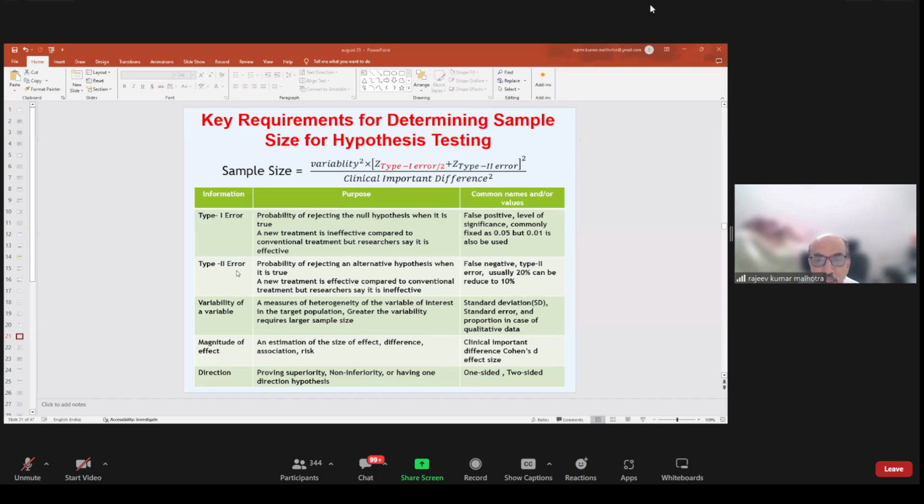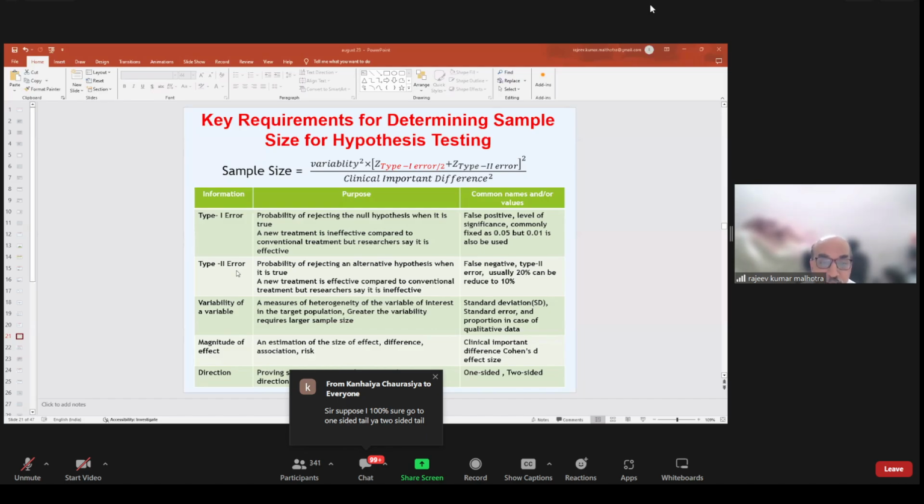If you take the variability from international studies, it may be different. Better you take a study in the population most relevant to your study. Or you can do a pilot study and find out the variability. So that is the important thing I want to tell regarding the sample size for hypothesis.